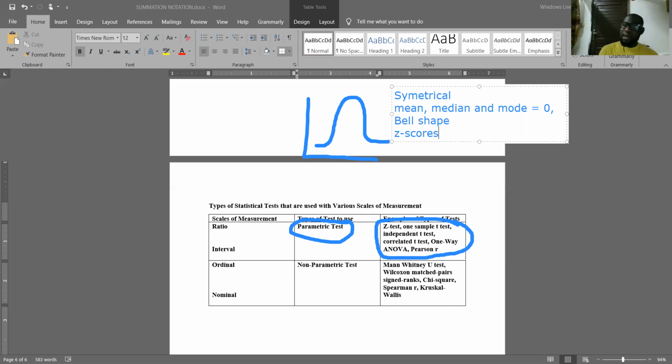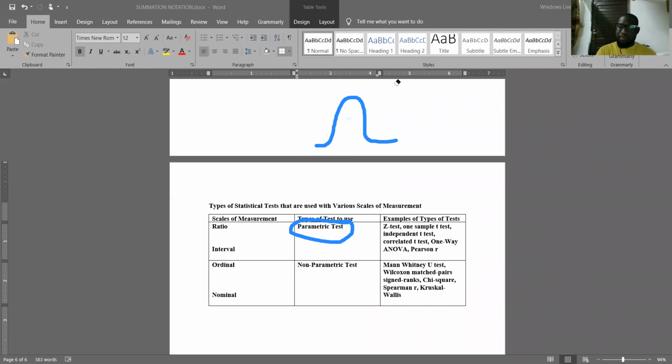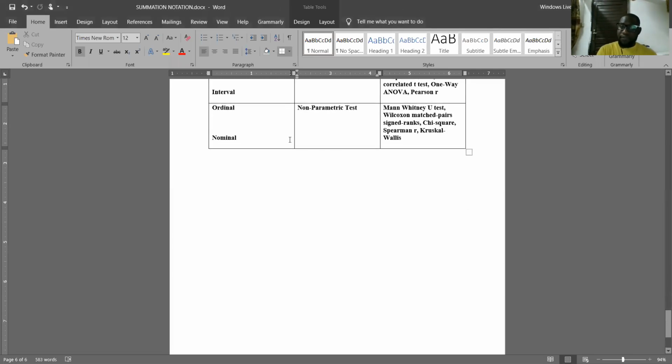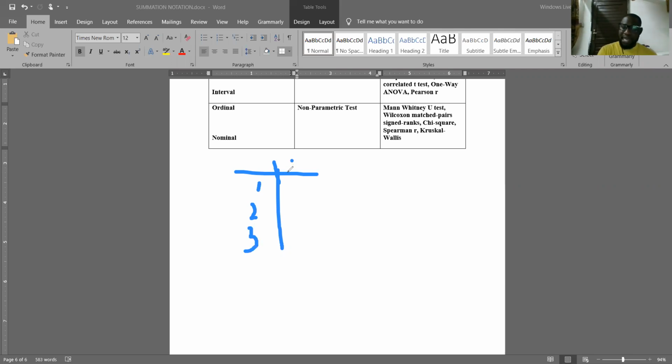Me saying z-scores, what comes to mind? It means that when it comes to these parametric tests, after we've gotten their information, let's say I have scores for some group of students that I sampled, 1, 2, and 3, on their anxiety. Participant 1's anxiety score was 5, participant 2's was 2, and this person's was 4.